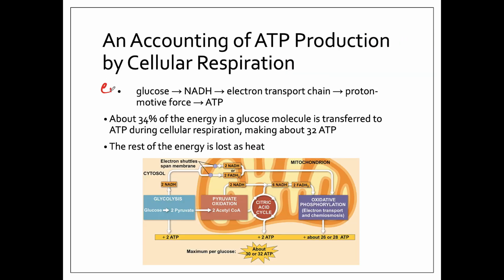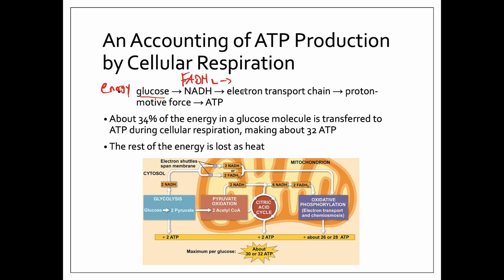So here we can track the energy, or the chemical and potential energy that is stored within these molecules. It starts in the chemical bonds of the glucose. And then through the first two steps of glycolysis and citric acid cycle, we produce NADH as well as FADH2.